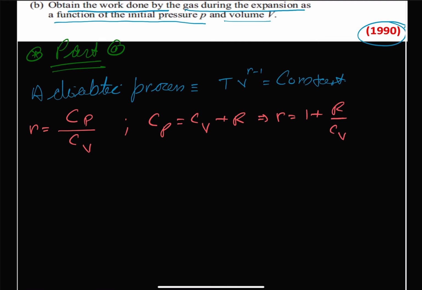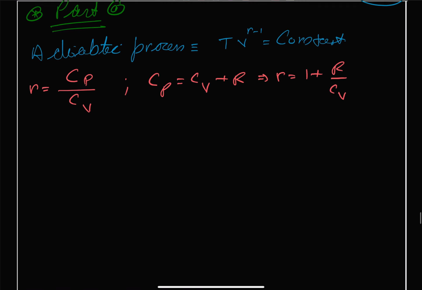Okay. And we know that the degree of freedom, that is F, we can write in other ways also. Degree of freedom F is equal to twice the molar heat at constant volume divided by R.